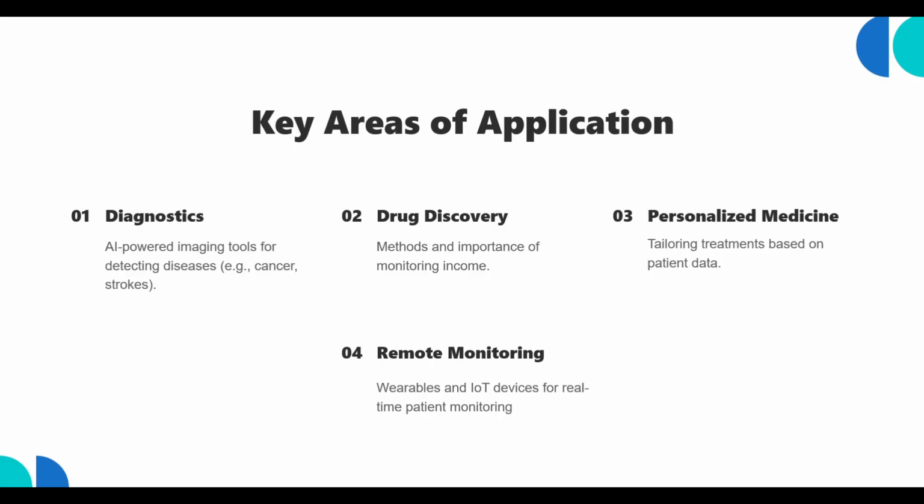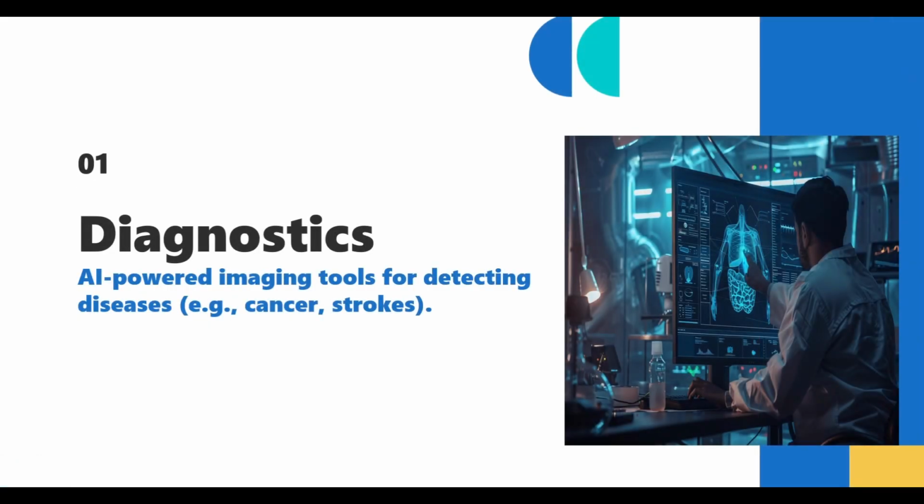So let's talk about diagnostics. AI powered tools are helping doctors detect diseases like cancer and strokes more accurately and quickly. For example, AI can analyze medical images such as X rays or MRIs to identify abnormalities that might be missed by a human eye.